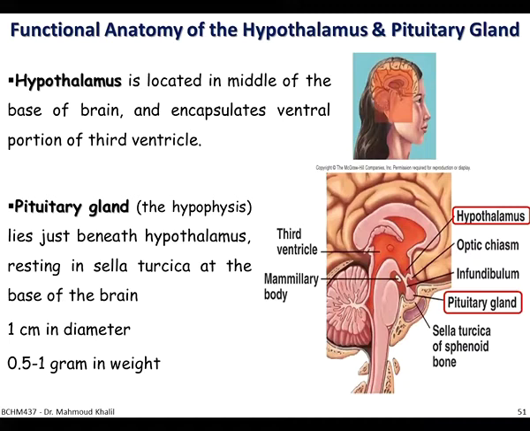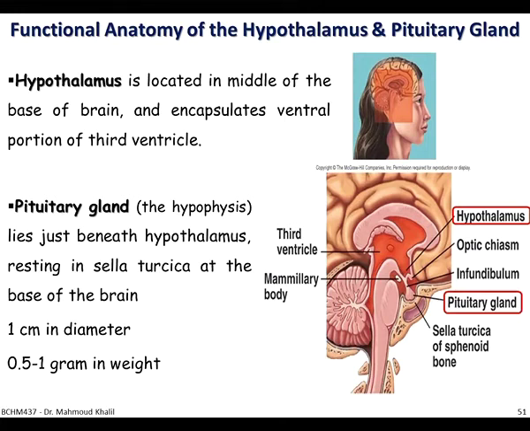Actually, our eyes are controlled by the opposite part of the brain. That means the right eye is innervated from the left portion of the brain, while the left eye is innervated from the right portion. At the region of intersection between the optic fibers of the 2 eyes, this point of intersection is called the optic chiasma.